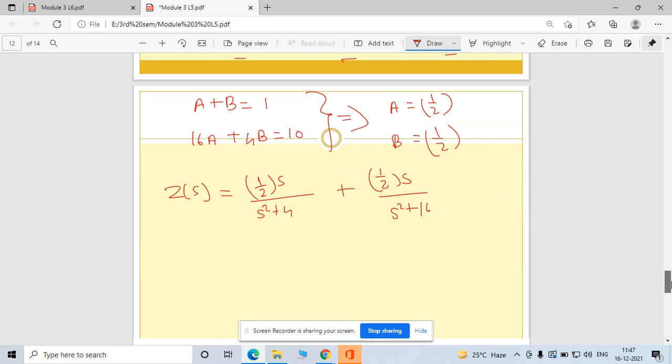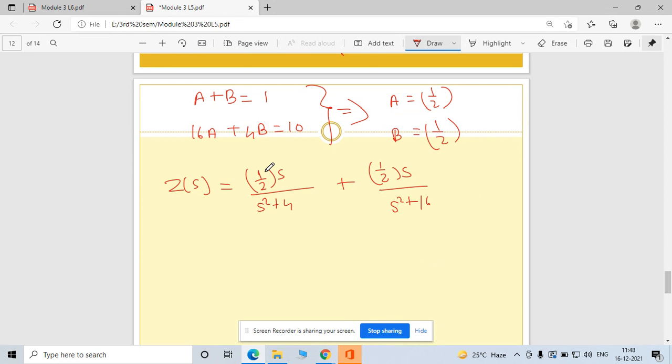Now you already found these values. Now compare this equation. Z of s is nothing but Z1 of s plus Z2 of s.